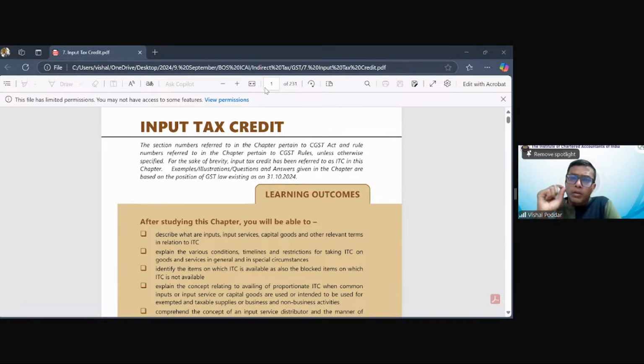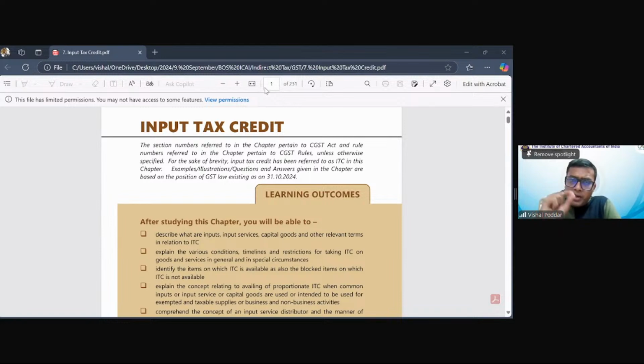Now comes credit reason number 2, which according to me is the technically correct reason. For this, we have to understand slightly the accounting entry. When I make a purchase, let us say my purchase is of rupees 500, on which the GST paid is rupees 50. So my journal entry would be: purchase is debit, input GST, whatever it is, C, S or I, that is debit, 50 rupees, to my creditor, which is 550.